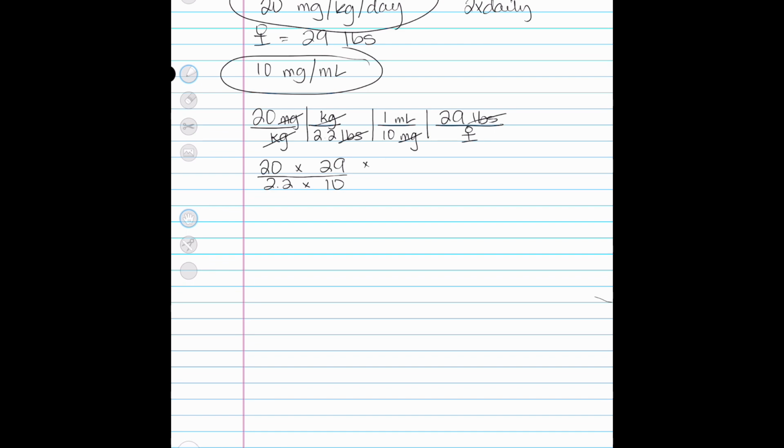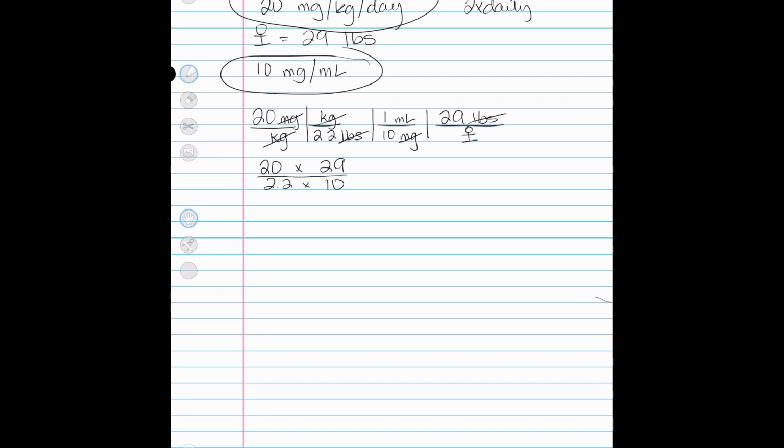Whenever you see ones in the equation, just leave them out because it's not going to add or subtract anything to the final answer. So the only parts of this problem that we're looking at are the 20 and the 29 on the top, and the 2.2 and the 10 on the bottom.